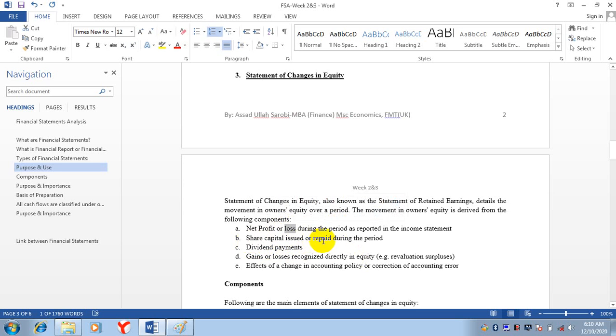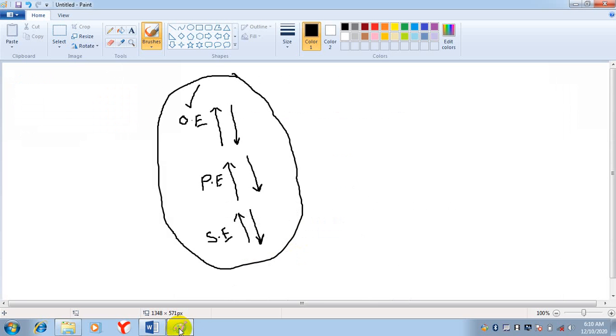Then share capital issued or repaid during the period. I told you about this. If you are issuing new shares, capital is coming into the business. Suppose our previous capital was $100,000.